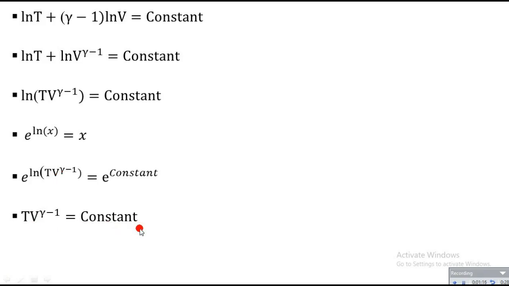That is what it means that T1 V1 gamma minus 1 equal to T2 V2 gamma minus 1. So now from this formula we can calculate the final temperature, which is T2.